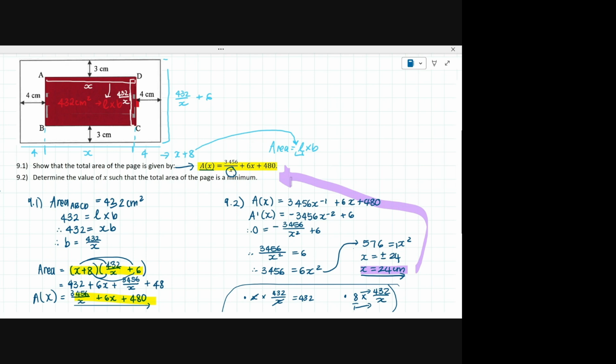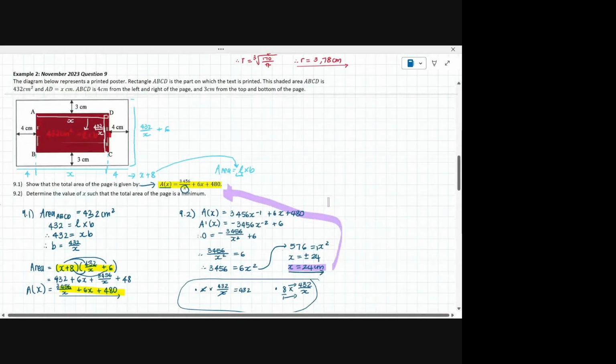You've got the value for x that would create the minimum. You just now need to find the actual minimum area. So sometimes that is what is asked. Generally, it is just the value of x, but just read your questions carefully again. Like I say, getting the information and understanding the information is really important for these questions.